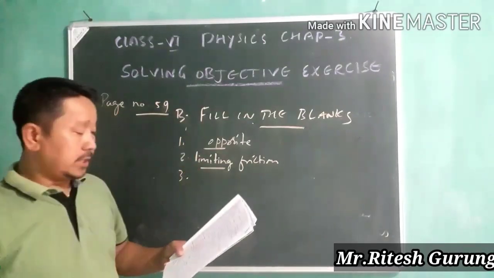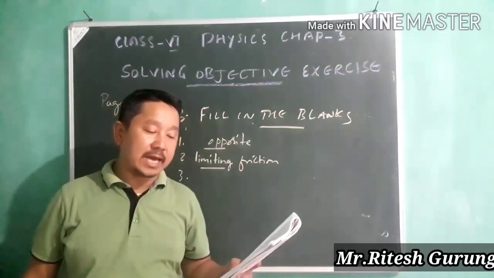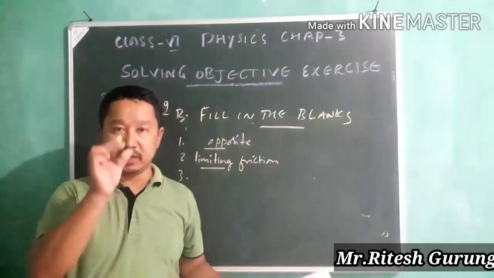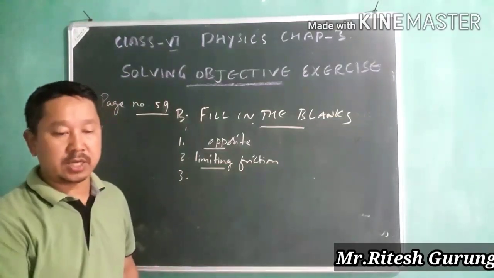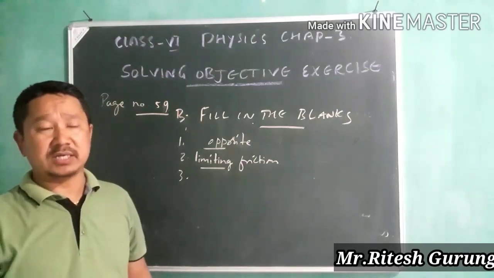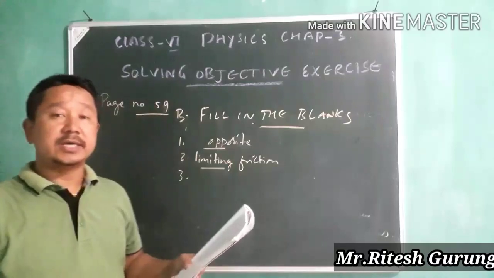Number 3. In machines, ball bearings and roller bearings are used to. Ball bearings there, and also roller bearings there, which rotate on the ground. So that is for what? Either for increasing or reducing friction. That's for reducing friction.